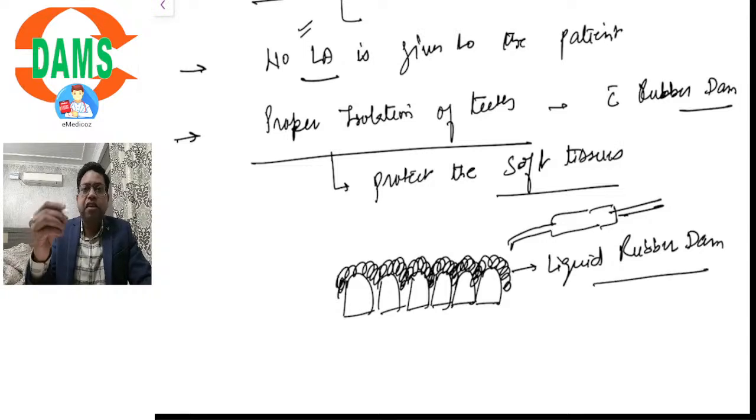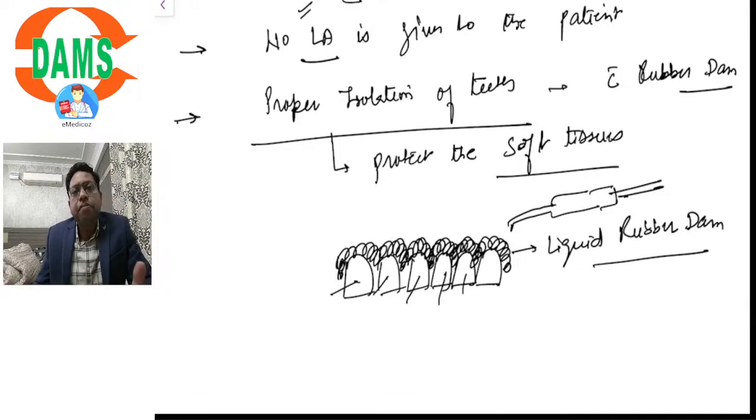We apply it onto the soft tissues around the teeth, the gums, etc. And then we shine light on it, the conventional light that we use for the curing of composites. This hardens up and then isolates the soft tissues from the teeth so that the bleaching agent can be safely applied to the tooth surfaces. This is known as liquid rubber dam.